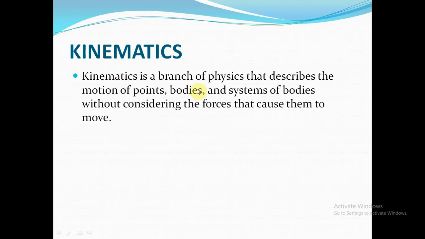Kinematics is a branch of physics that describes the motion of points, bodies and systems of bodies without considering the forces that cause them to move. One thing should be clear to you students: the motion of moving objects without the effect of force is studied in this branch.